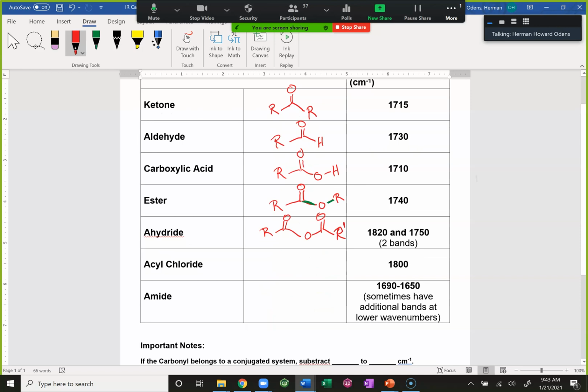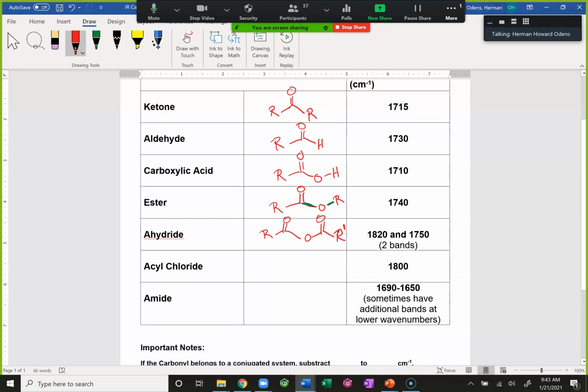And then you have the acyl chlorides. I have an example here that goes at 1800. And the amides. The amides will be interesting because they will have two little peaks for the nitrogens, the NHs.